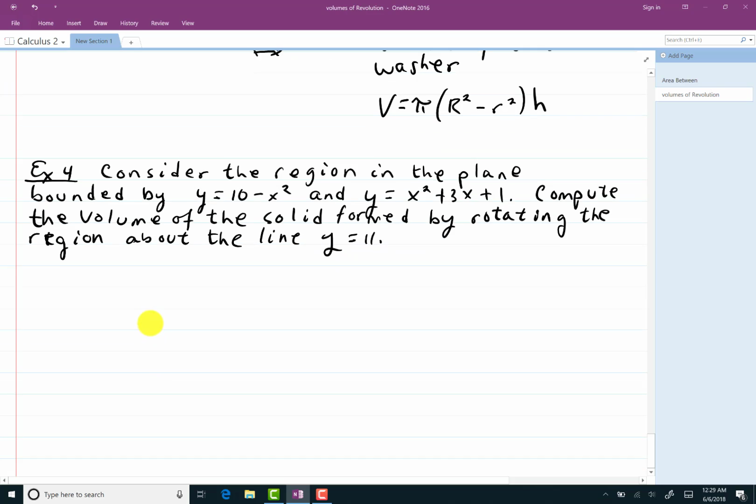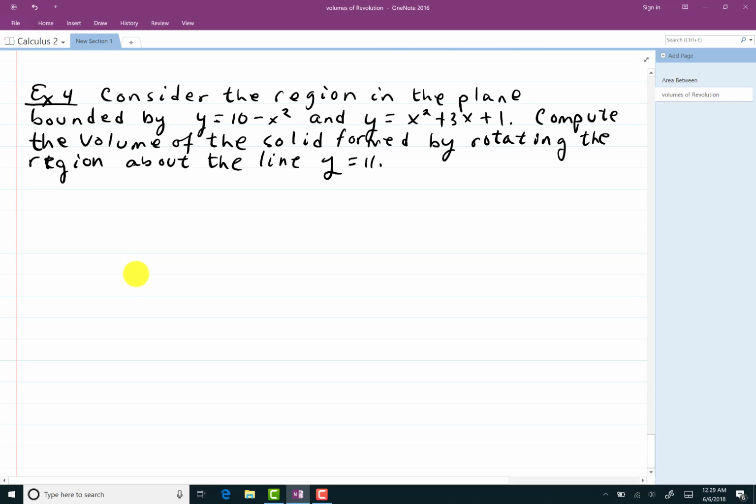So let me just get a quick graph from last time. Remember, this last one had a height of 10. Both were parabolas. And the region went a little bit under, something like this, and then like this.